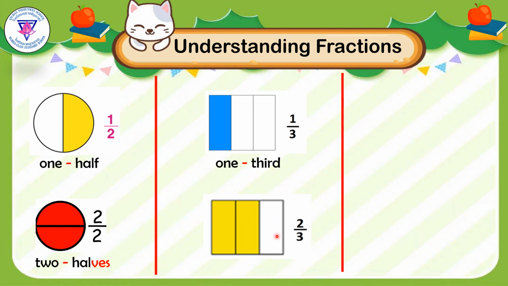As you can see in the example, there are 2 colored parts out of 3. In fraction, it's 2/3. In fraction words, there is a letter S at the end of third because the number here is more than 1.